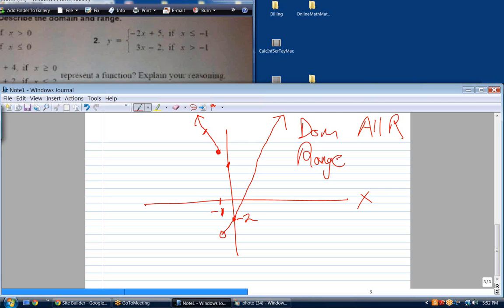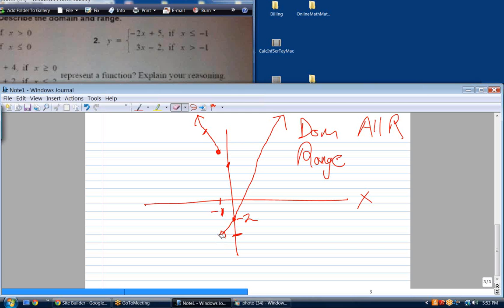Greater than or equal to? Well, it's greater than whatever this value is here. In other words, we don't know at the moment what that value is right there, but y goes all the way down to that in the graph. Y starts here and goes up. So y has to be greater than whatever this number is here.